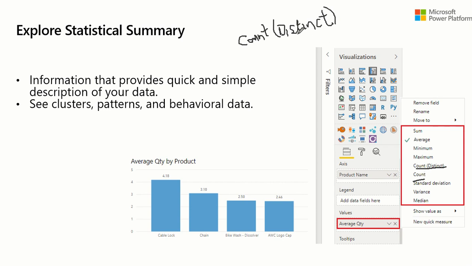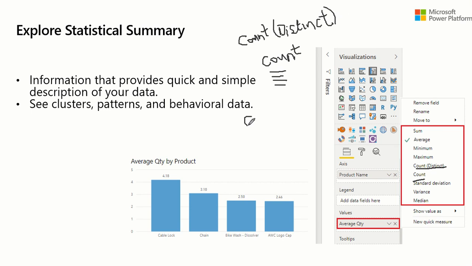Count distinct will give you the individual distinct people that actually visited your website. If you use count alone, it will include duplicates. That means it will just count all available rows. All the rows will be counted, even if there's a duplicate. But once you use count distinct, it means that it will not count the duplicates twice.